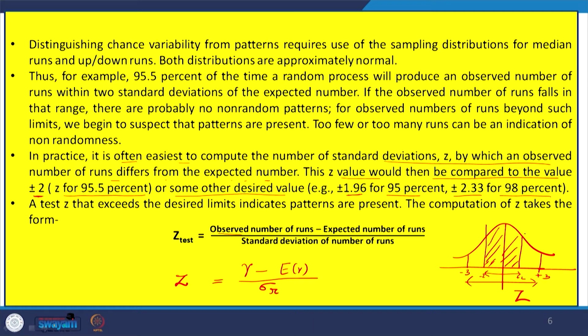When it is minus 2 to plus 2, it is taking care of 95.5% area under this curve. When it is from minus 3 to plus 3, it is taking care of 99.74% of area. So, how much variation you are ready to accept in this distribution, on the basis of that you are going to have a desired value of Z, and that value of Z will decide whether the trend is there or not.